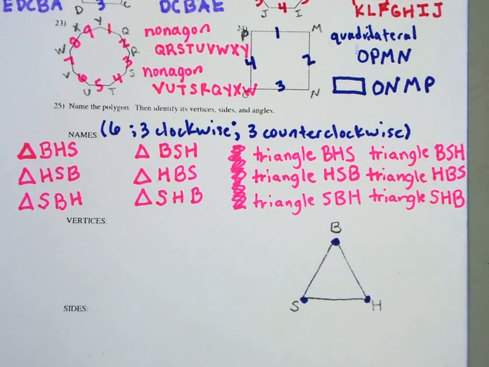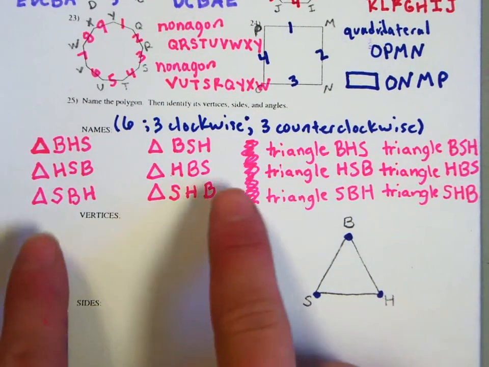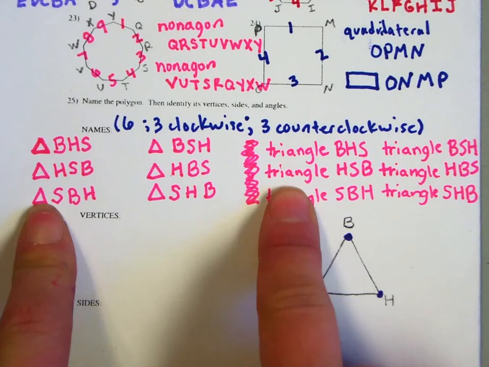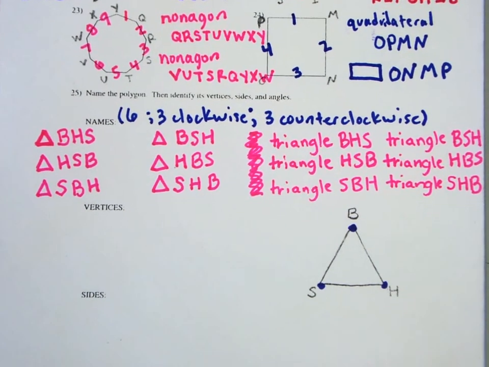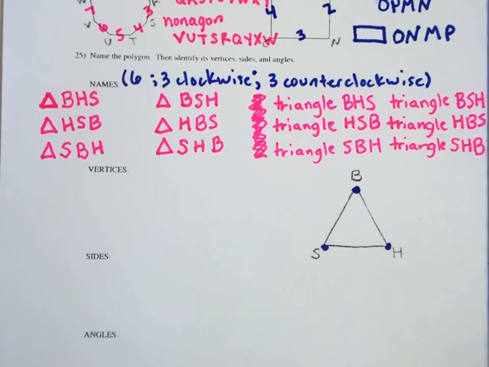So there are 12 appropriate ways to write it, but there's only 6 unique names. It's just the difference between writing the symbol or writing the word. And again, you can only write the symbol for a triangle or a quadrilateral.